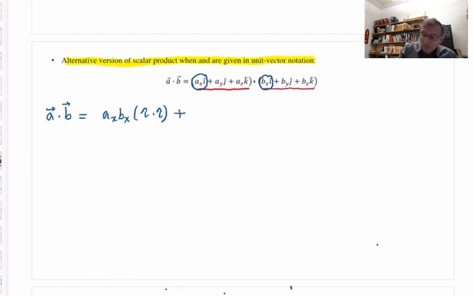Now, let me take the first term in the first vector, Ax i hat, and dot it into the second term in the second vector. So that would look like Ax times By times i hat dot j hat.